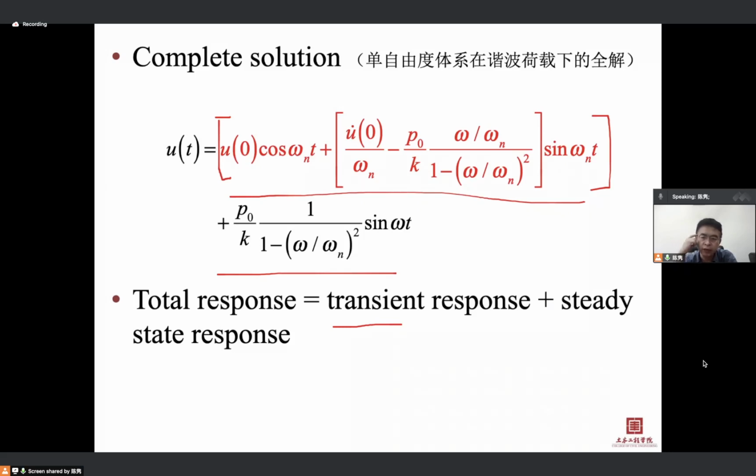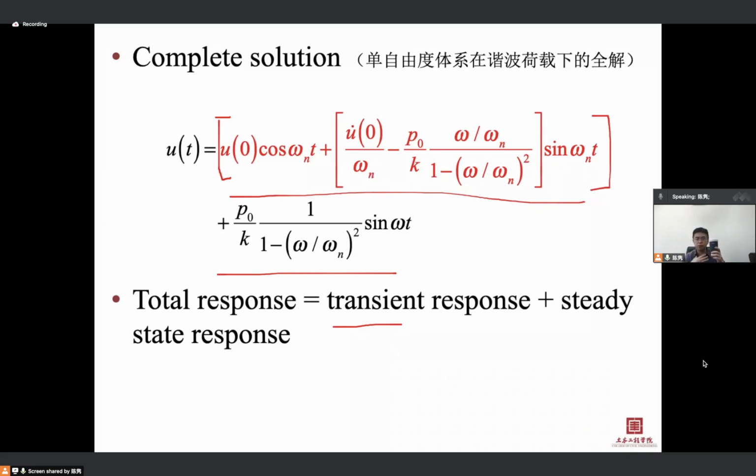Is there transient vibration or not? I mean, we have an SDF system which is at rest, with no initial displacement and no initial velocity. Then we apply a harmonic loading at time zero, and the structure starts to vibrate.